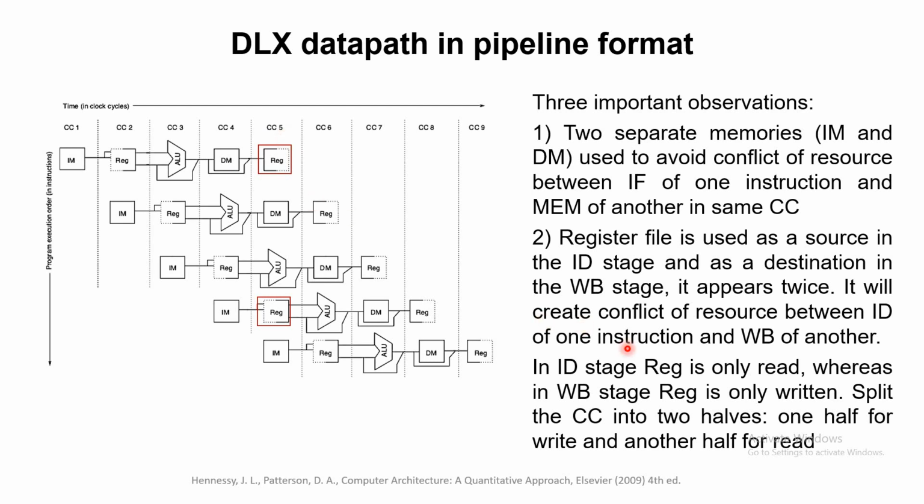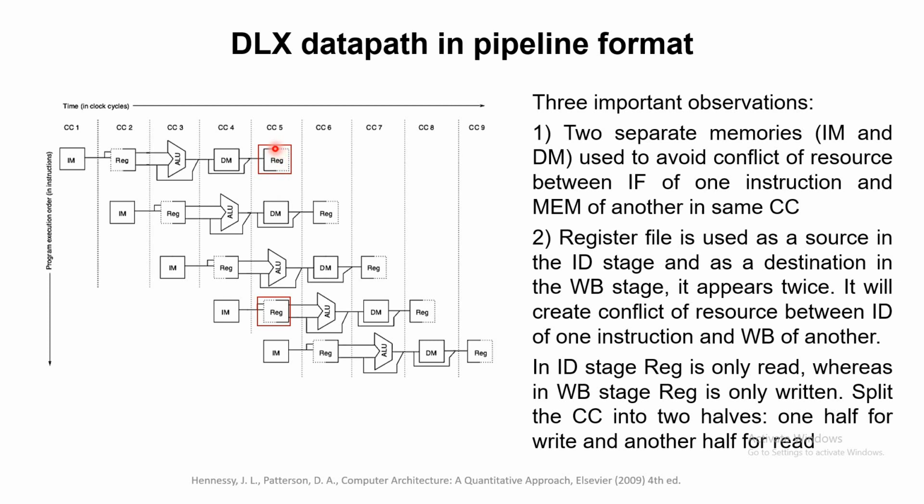So how can we avoid this conflict? This conflict can be avoided by dividing the cycle into two parts. In one portion only the writing part will be activated, and in the other portion only the reading part will be activated.